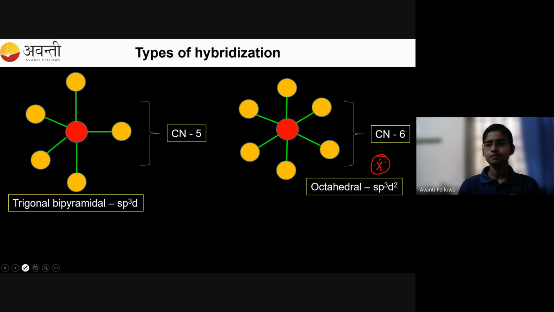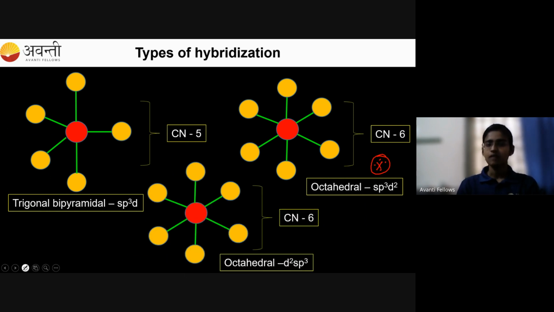For the same octahedral geometry, we have one more hybridization, which is d2sp3. It also has coordination number 6 and octahedral geometry, but the hybridization is different. I will tell you the differentiation while discussing the complexes.